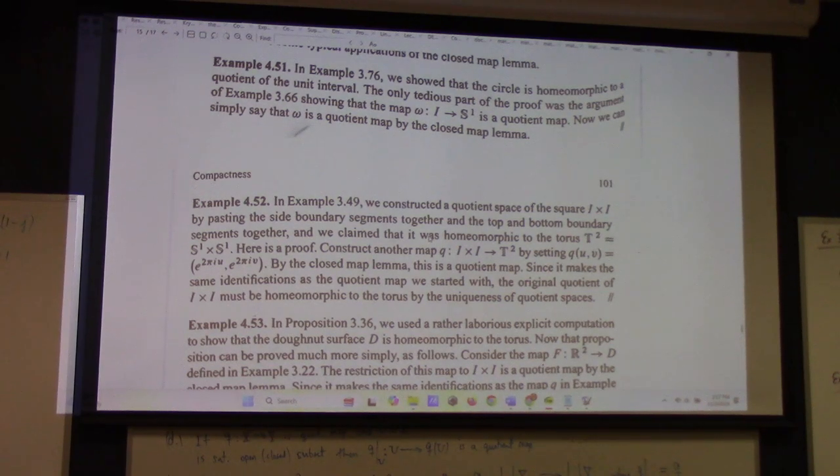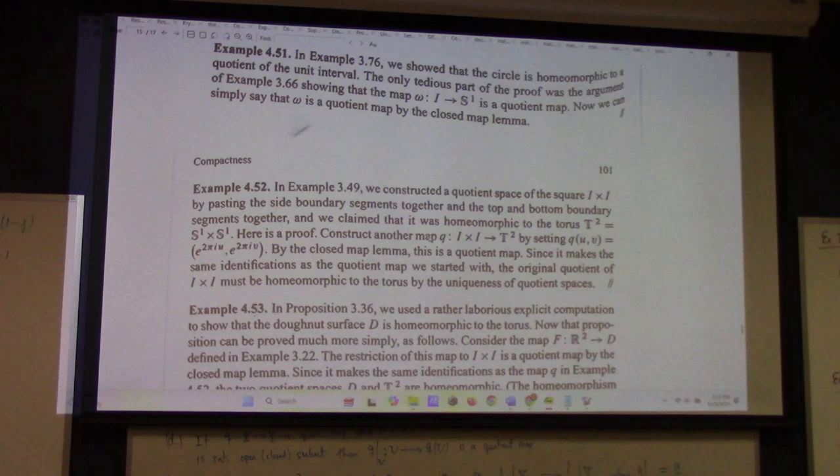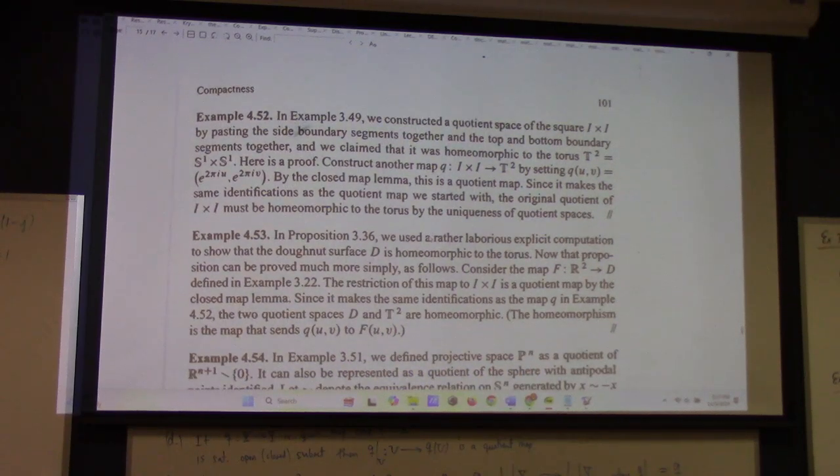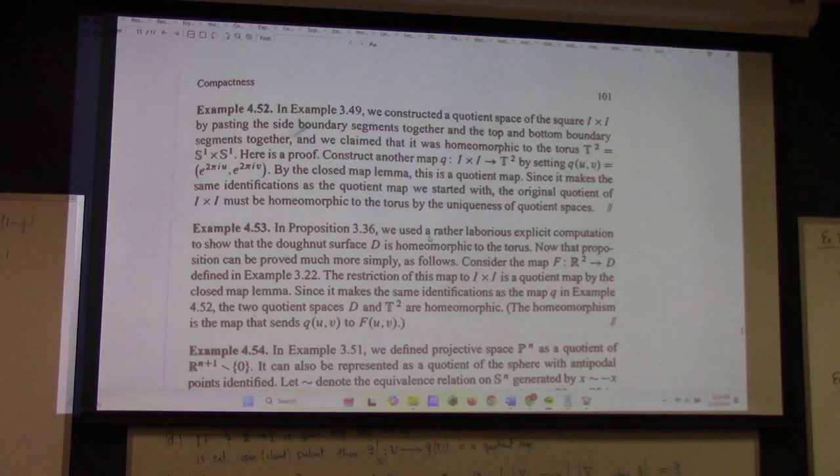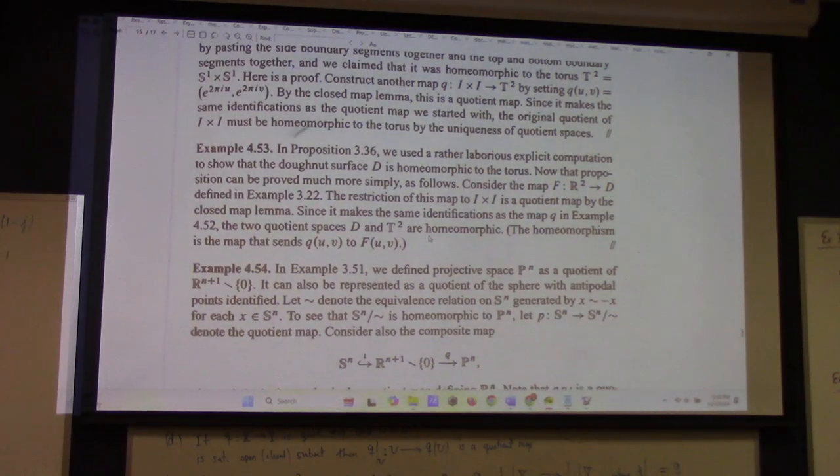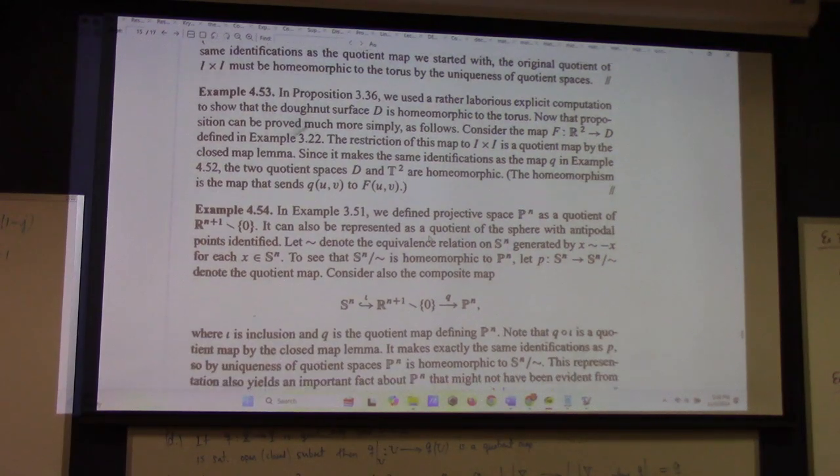These arguments are just so much nicer than the ones I gave you earlier. In proposition 3.36, we used an explicit computation to show the donut surface is homeomorphic to the torus. Now the proposition can be proved much more simply. Anyway, I don't know if we actually did that. I don't think that's even part I gave to you guys. This one's nice.